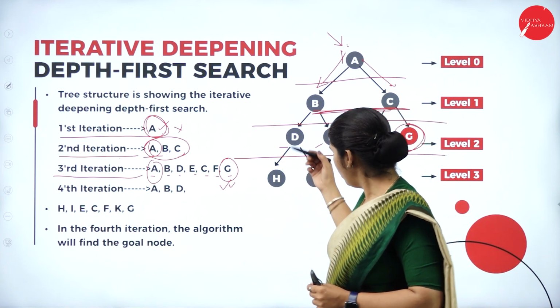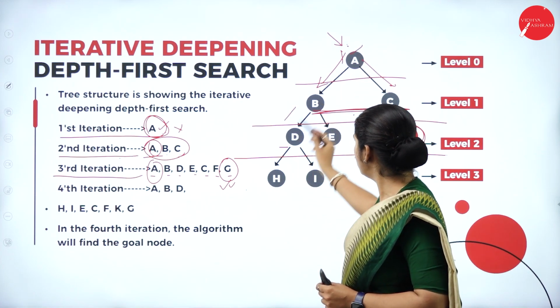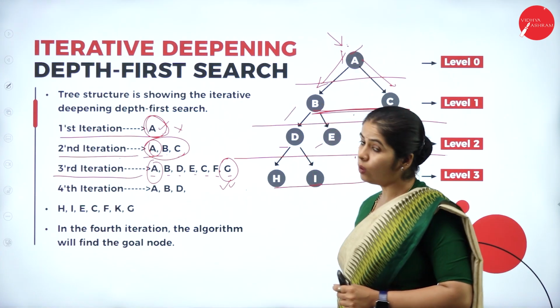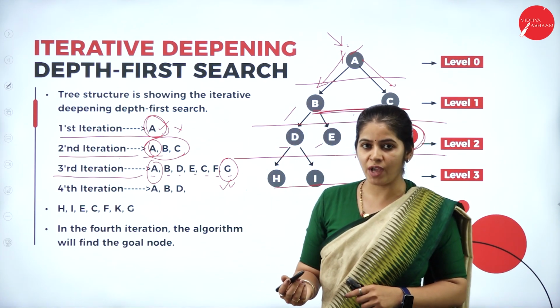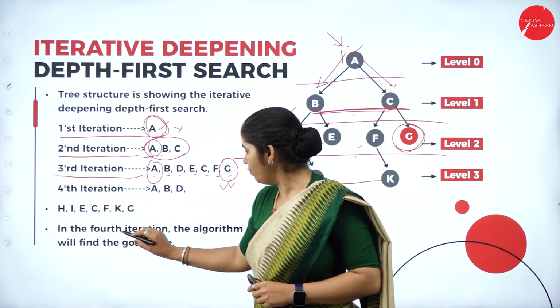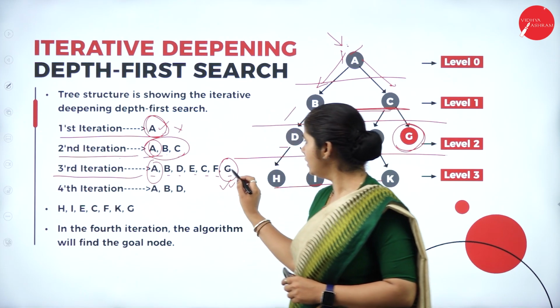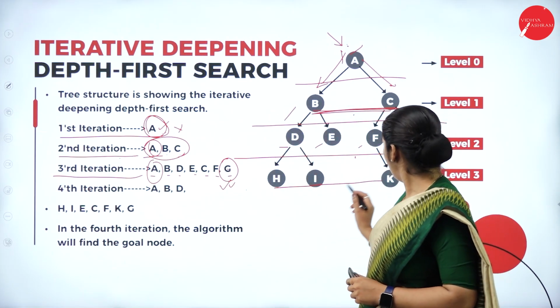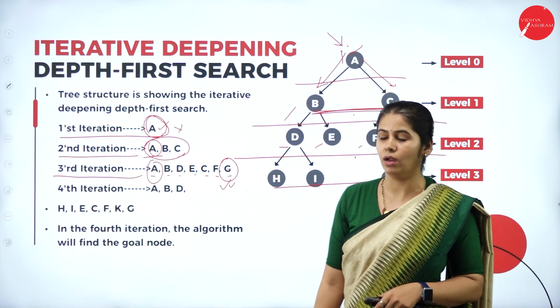If we go for the fourth iteration, again it has to start from the root node. It has to visit all the nodes of the tree. That is a major disadvantage we have in iterative deepening depth first search. In the fourth iteration the algorithm would find the goal, but here we are finding it in the third iteration only, so we stop the execution or searching.